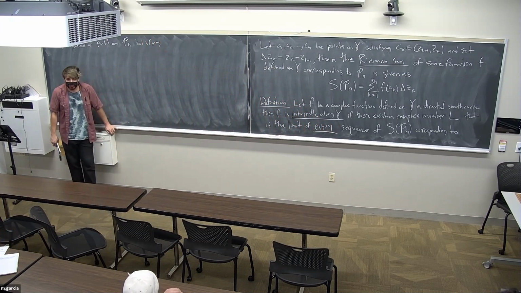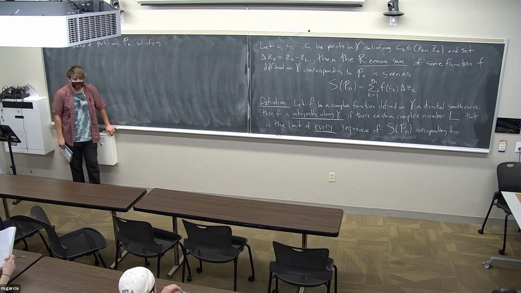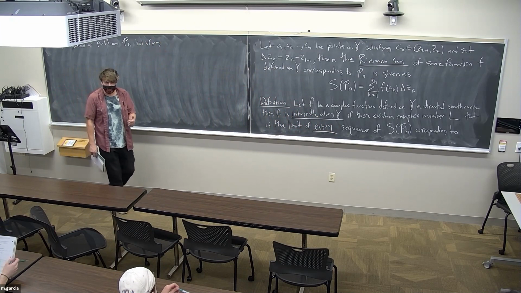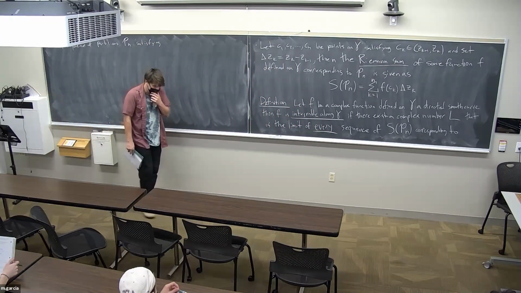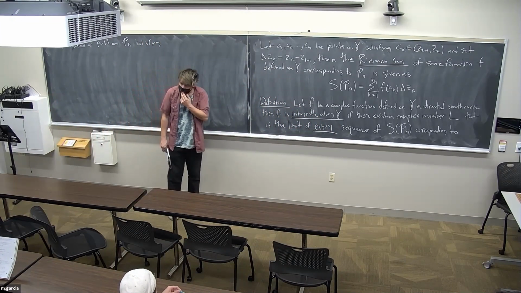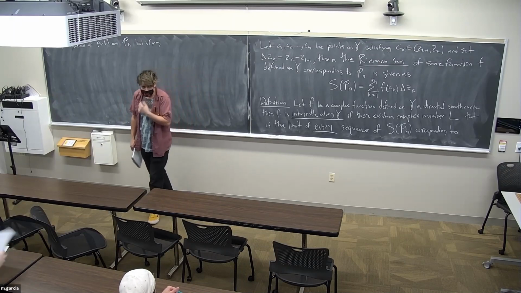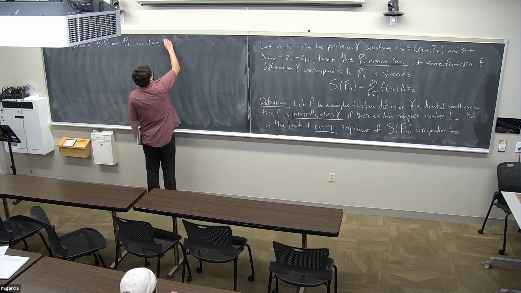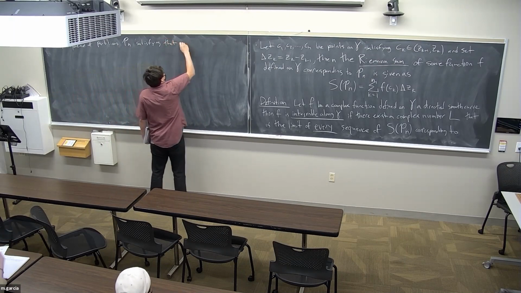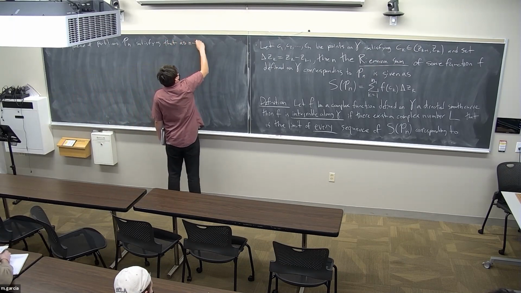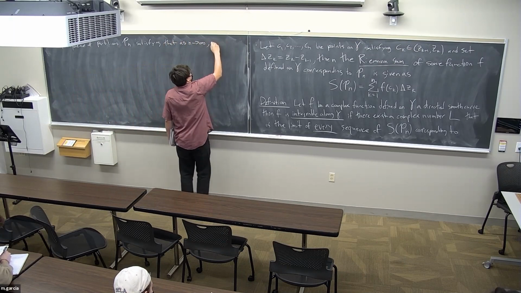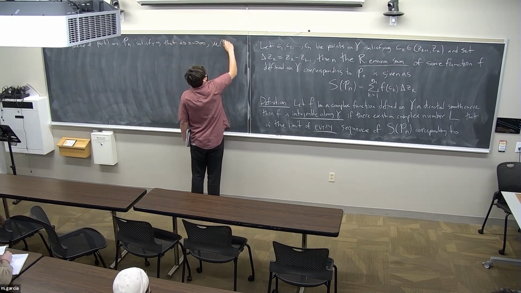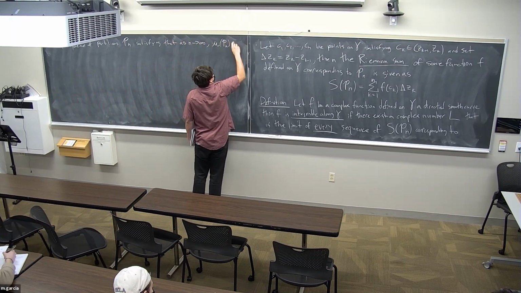What are the salient features of a partition? Well, we have the points that we choose, right? Is it in the limit as the mesh goes to 0? Yeah, exactly. Any sequence of partitions satisfying that as n goes to infinity, the mesh of P_n goes to 0.